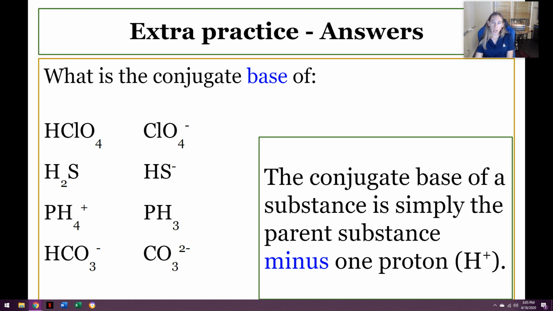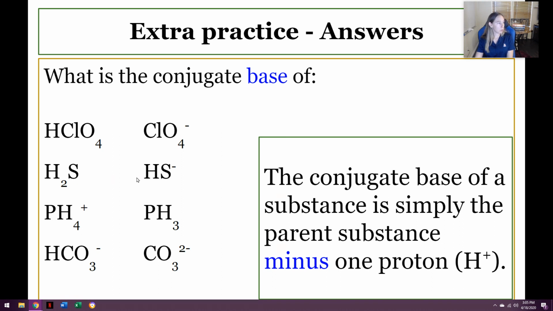Notice we only subtracted one hydrogen from each acid. This means the charge is going to decrease by one. Here's your acid, and when it donates a hydrogen, it becomes the conjugate base here. It loses a hydrogen and a positive one charge. Therefore, it drops down from 0 to -1.